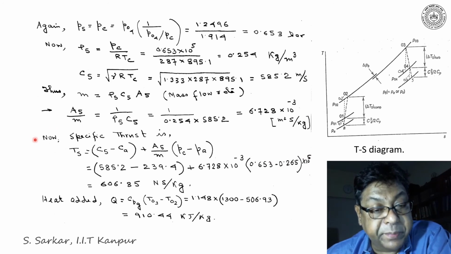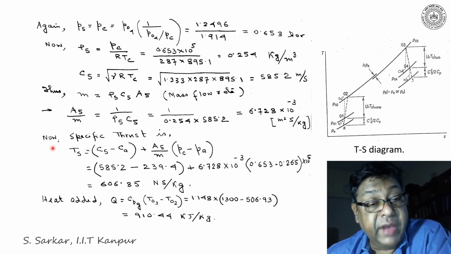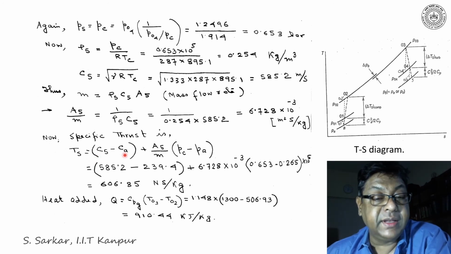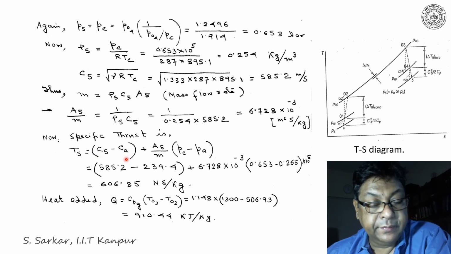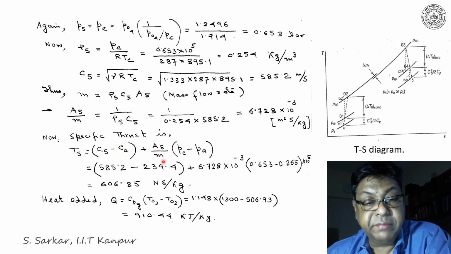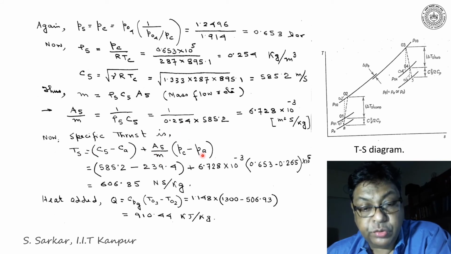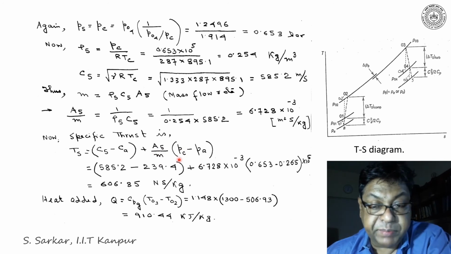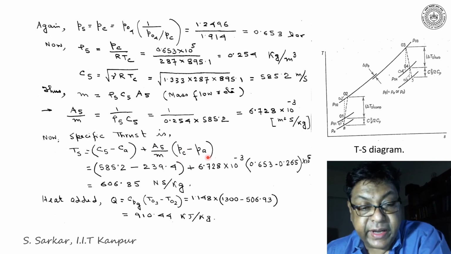Thus the specific thrust is evaluated now. Ts is equal to C5 minus Ca, which is the momentum thrust, plus the pressure thrust, plus A5 by M into Pc minus Pa. Pc is the critical pressure and Pa is the atmospheric pressure.